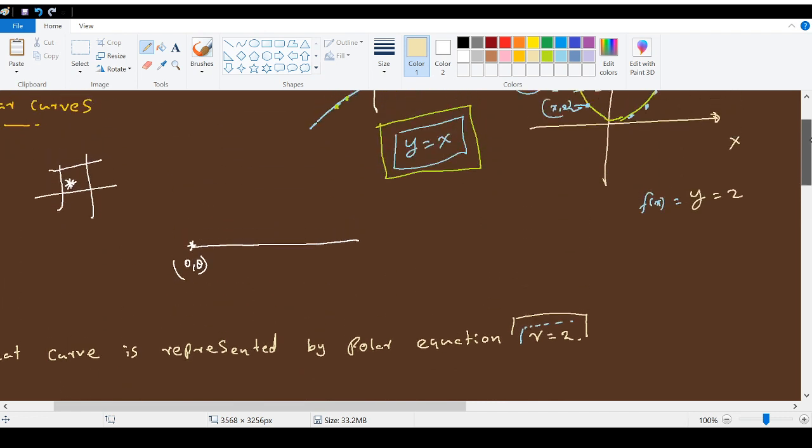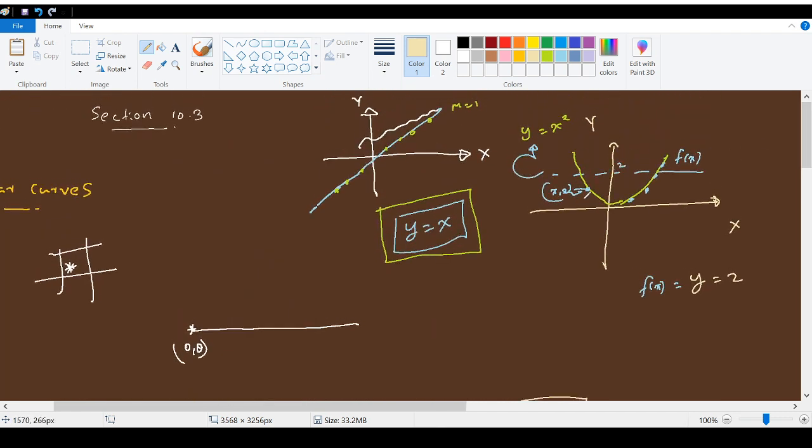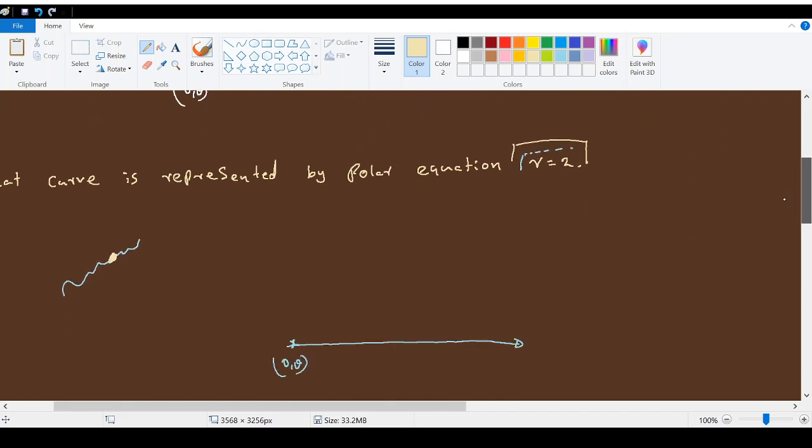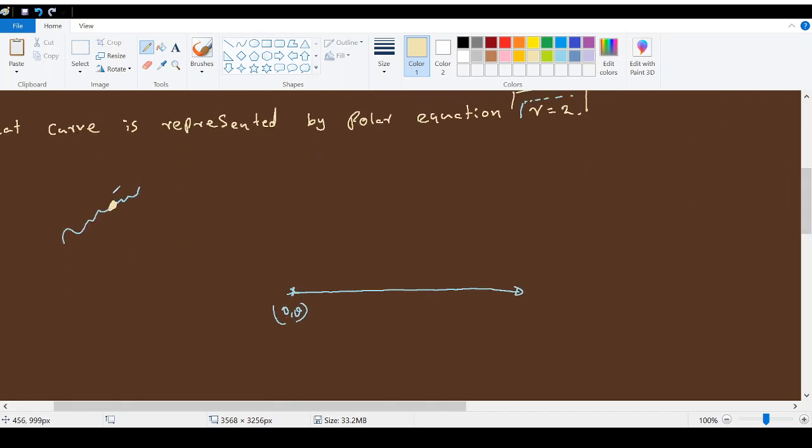Now for the Cartesian system, when I say a point, that point is represented by the x and y coordinates, and those coordinates should satisfy the equation. Here, when I say a point, that is represented by r and theta, right? So the r and theta values should satisfy this equation.